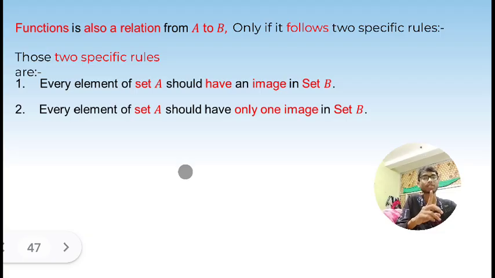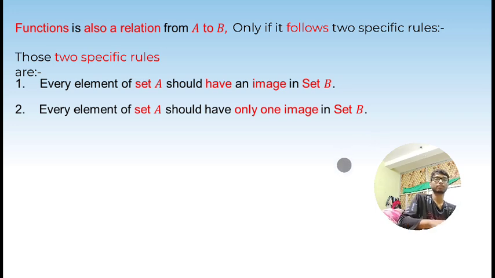Every element of set B can have more images, but the first set, which is taking input, should have only one image. So every element of set A should have only one image in set B.